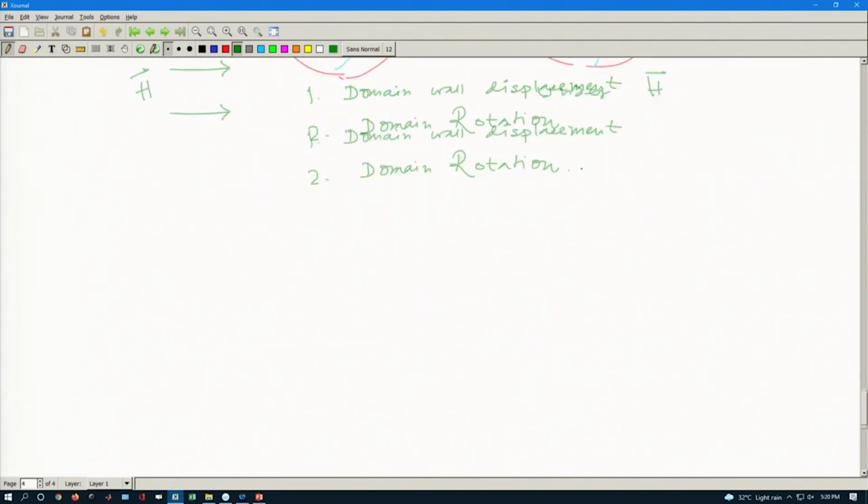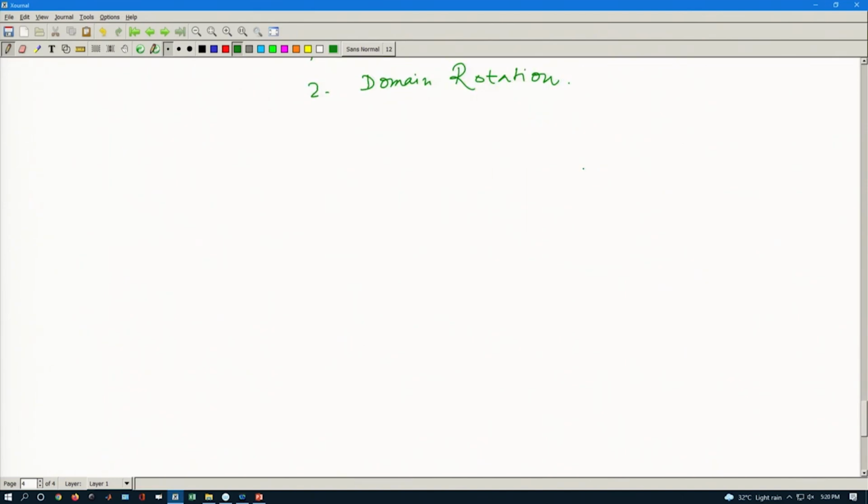So, this hysteresis loss we can understand under this. Let me do it quickly.